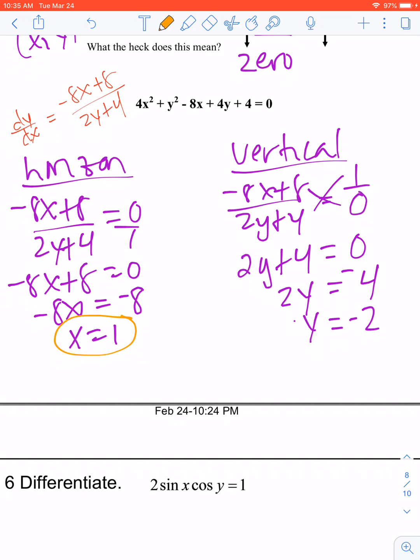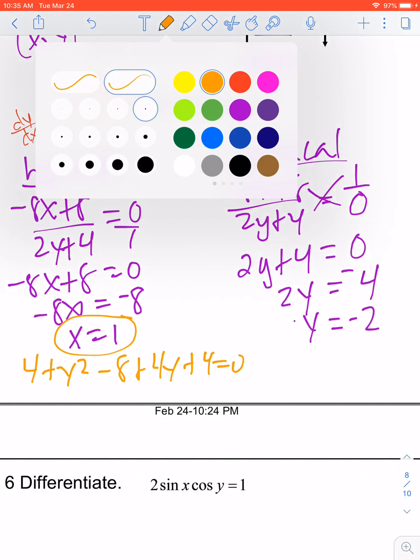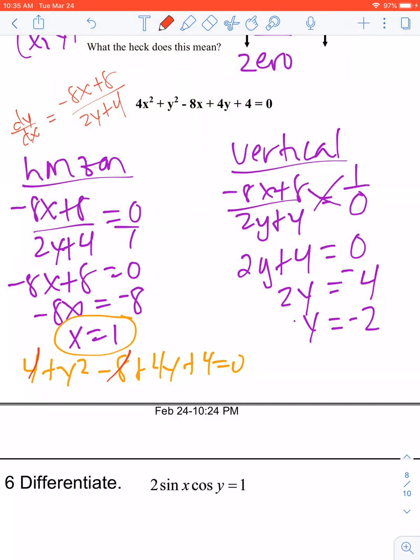So when I put 1 in, I'm going to get 4 plus y squared minus 8 plus 4y plus 4 equals 0. And look what happens. All the constants cancel. I'm left with y squared. Actually, let me cut out a step here. I can factor out a y, so I get y times y plus 4 equals 0.